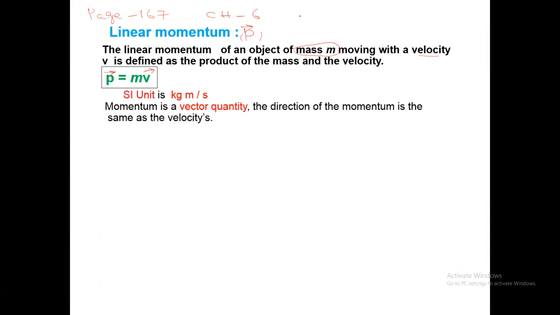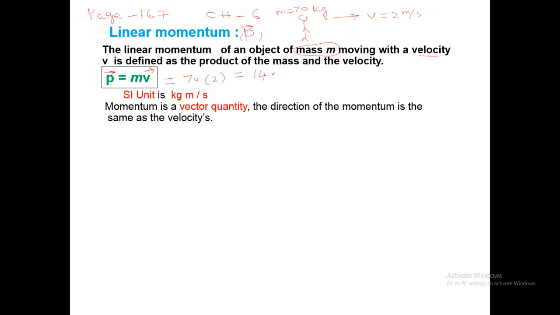For example, if a person having 70 kg mass is moving with velocity 2 meter per second along the positive x direction, his momentum will be equal to the mass 70 multiplied by the 2 meter per second.